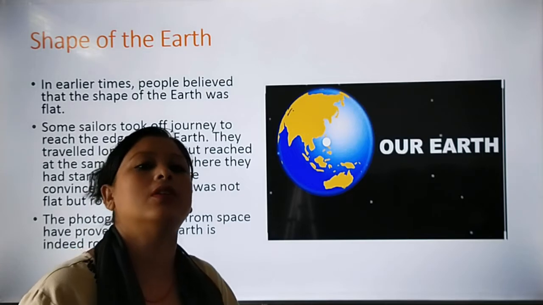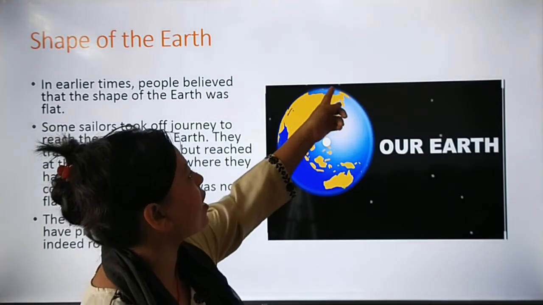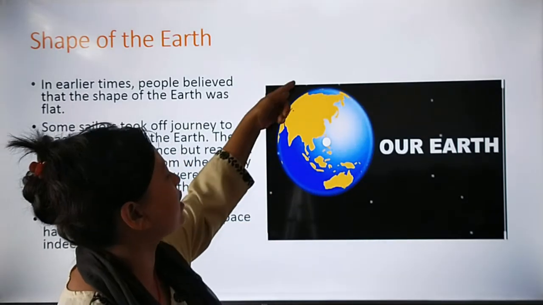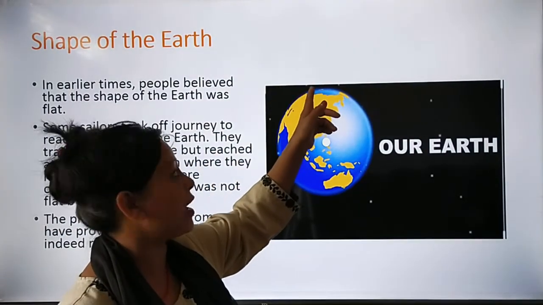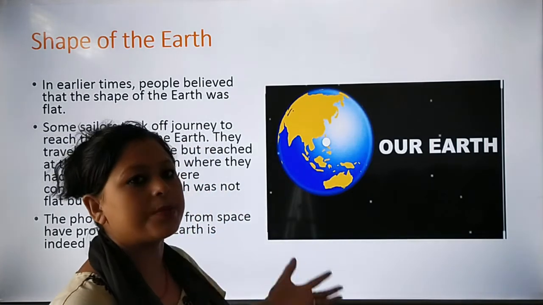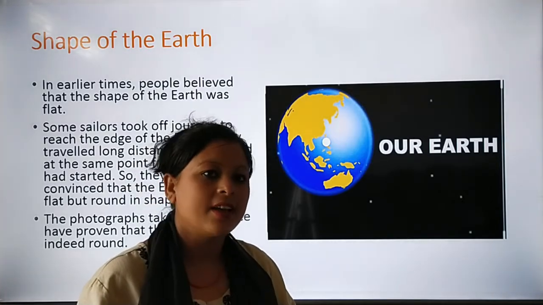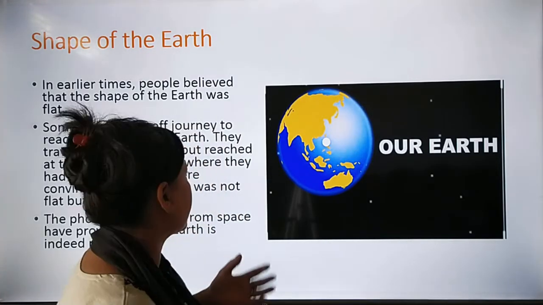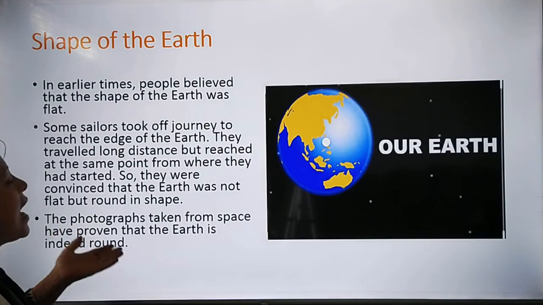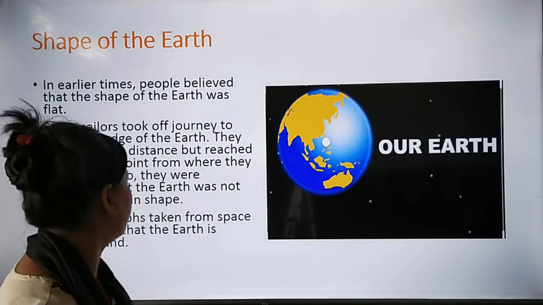The shape of the earth is round. That is why they started from here and reached the same point. So that is why they found that the shape of the earth is round.